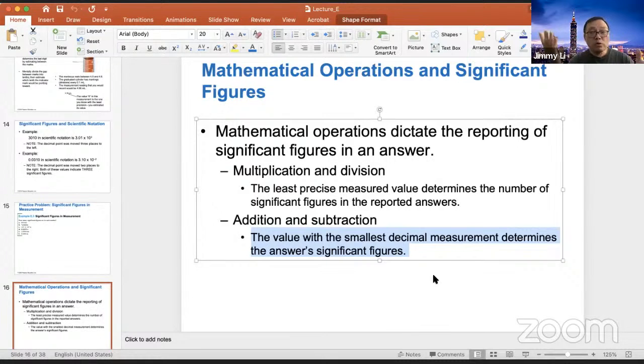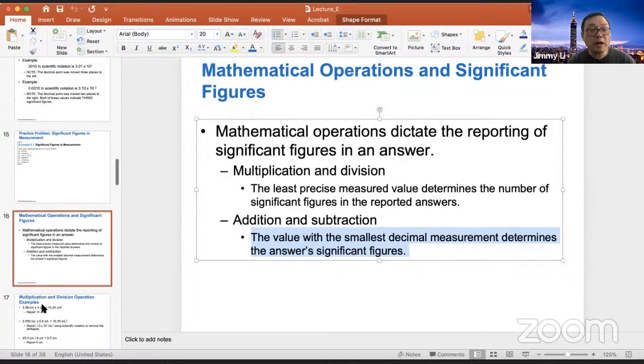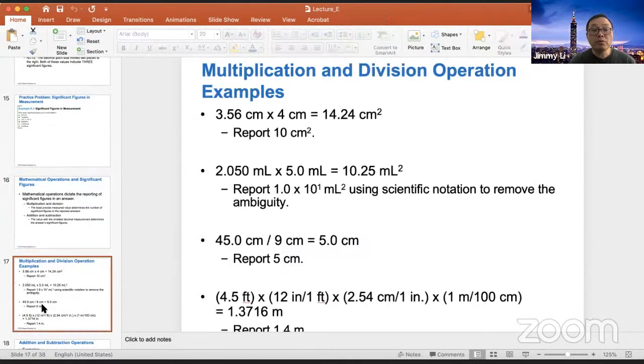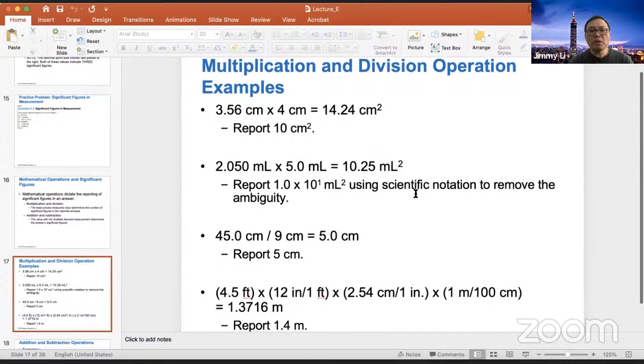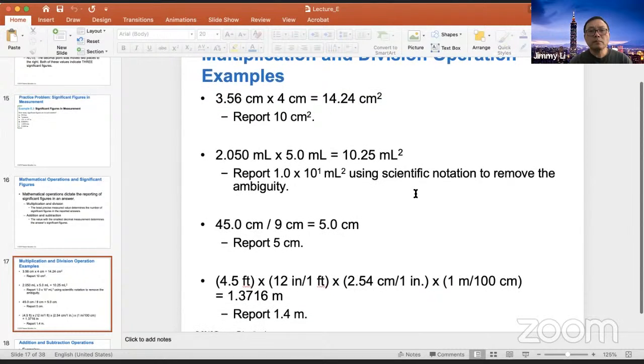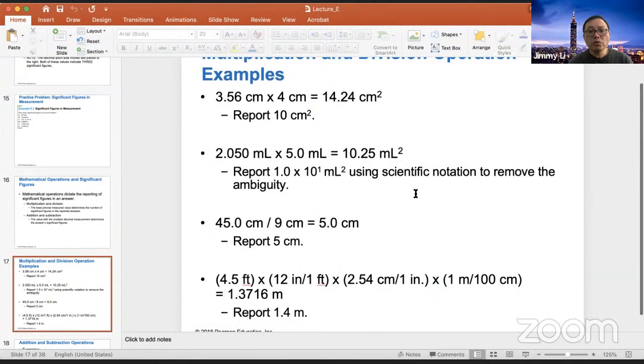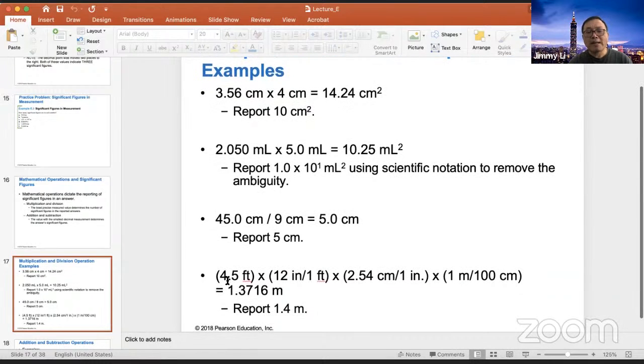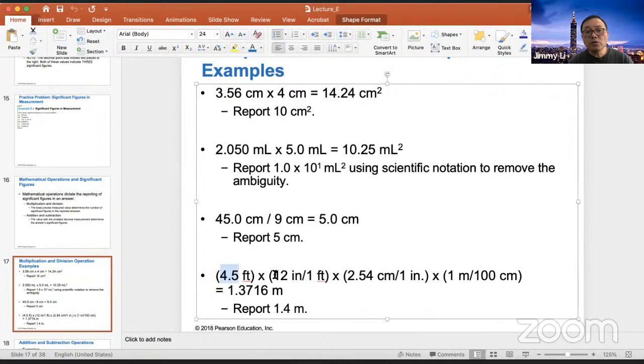Sometimes your measurement has no decimal place, then your final answer should not have any decimal place. All right, here comes some examples. I'll leave that to you, and you can think about that. I'll just mention the last one. For the last one, you have a 2 sig fig, 3 sig fig, so your answer should have only 2 sig figs.